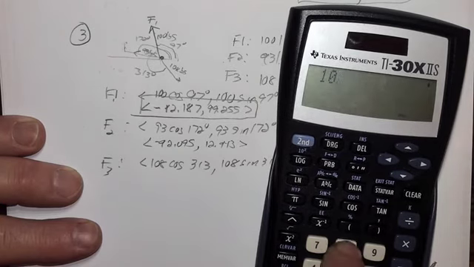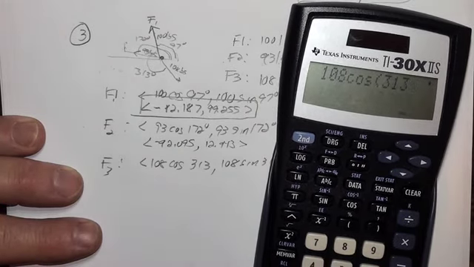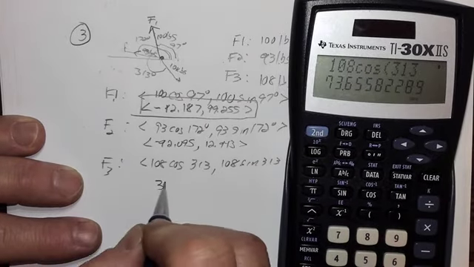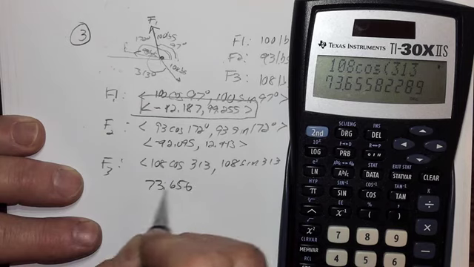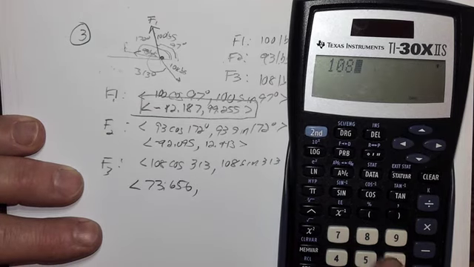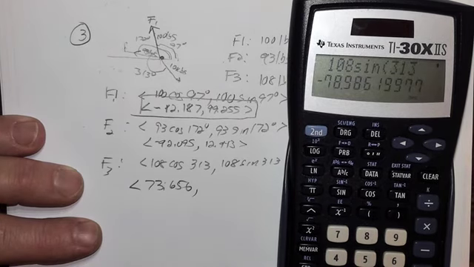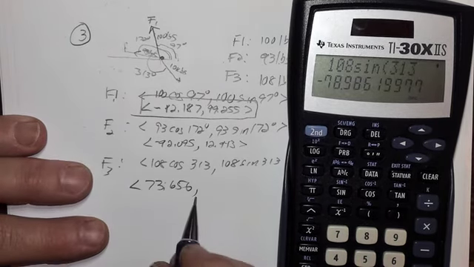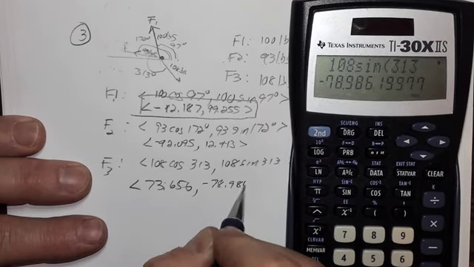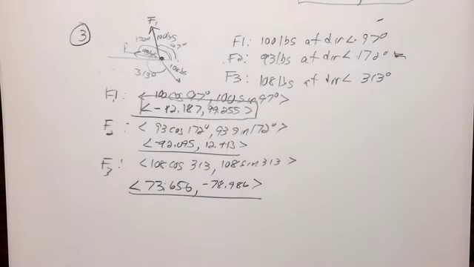And finally, for force 3, 108 times the cosine of 313, and I get 73.656, and 108 times the sine of 313, and I get negative 78.986. And there's the component form of the three forces.